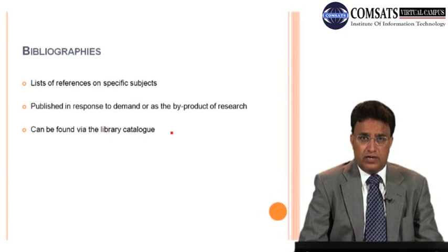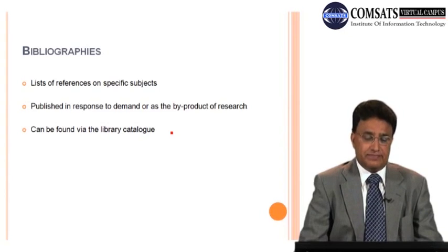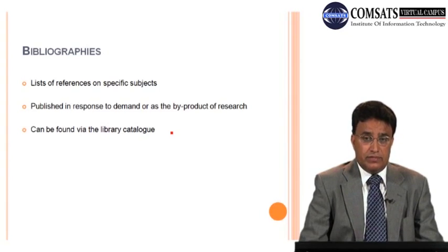The original purpose was not to prepare just a bibliography. That bibliography was prepared for a particular research project, but it can be reused for the benefit of other researchers and can be separately published, and when it is done, that is called a bibliography. And that can also be accessed by using the library catalog.